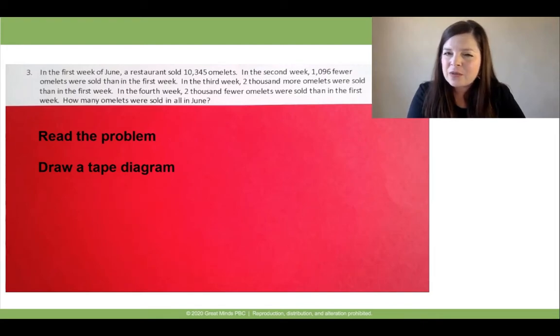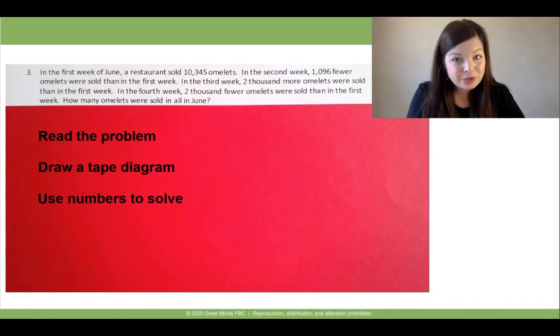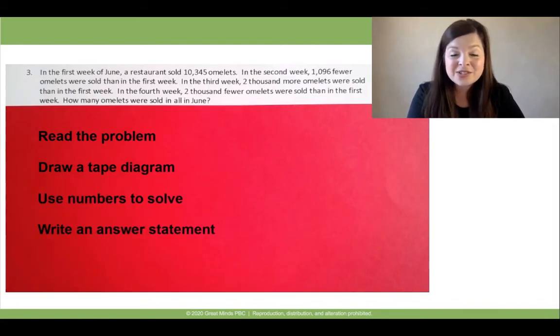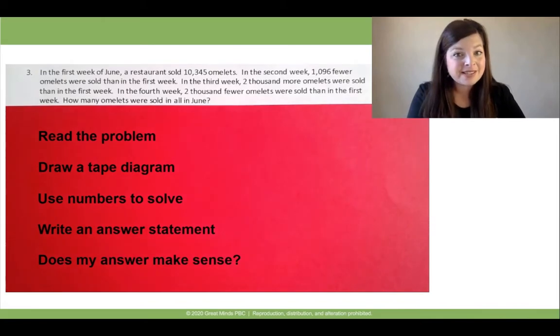Then you'll ask yourself, what does my tape diagram tell me about how I can solve? And you'll use numbers to solve, and you'll write an answer statement to answer the question. Remember, after you finish and you write your answer statement, to go back and reflect on if your answer makes sense. Now, pause the video and do the work, and then come back and we'll discuss.